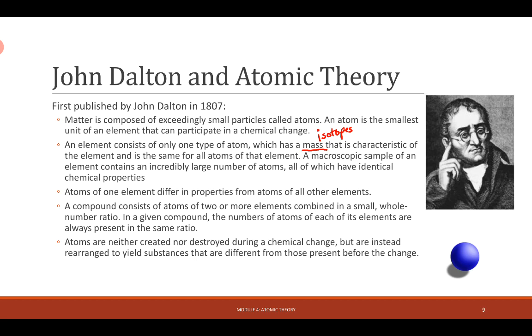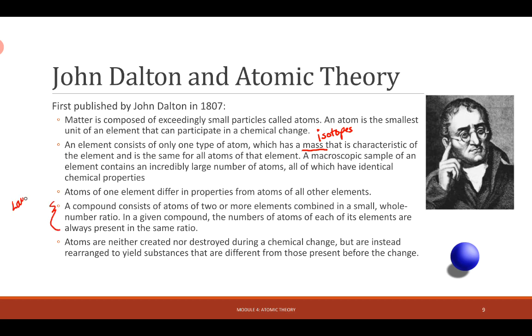He also said that atoms of one element differ in properties from atoms of other elements. And a compound consists of atoms of two or more elements combined in small whole number ratios. In a given compound, the number of atoms of each element are always represented in the same ratio. So this one we'll be building on a little bit further.